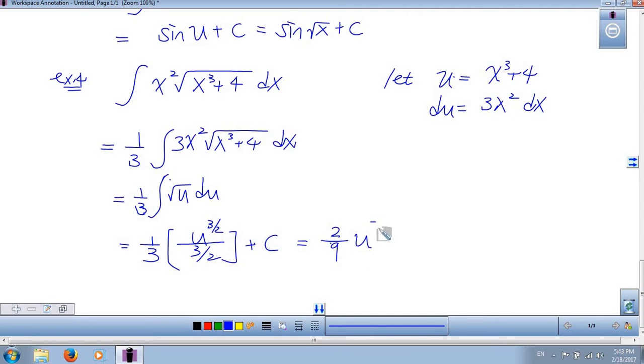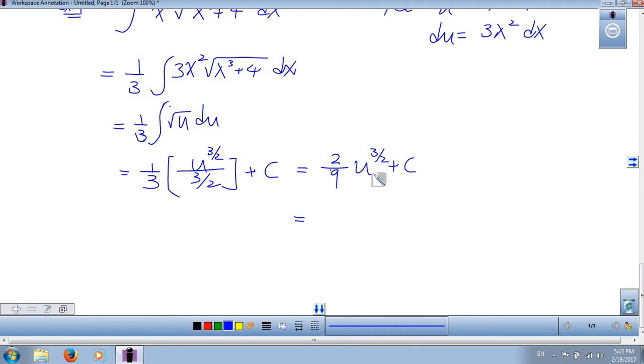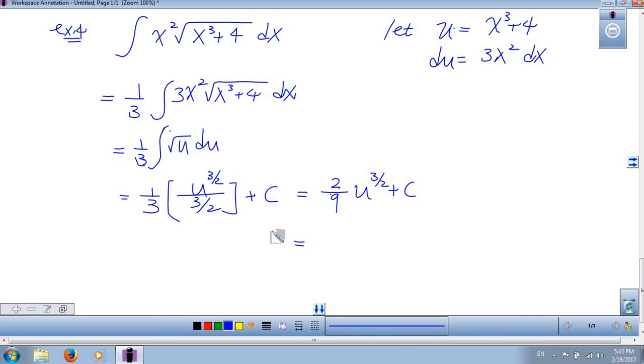So it's 2/9 times u to the 3/2 power plus c. And then we simply replace u with the expression x cubed plus 4. So it will be 2/9 of x cubed plus 4 to the 3/2 power plus c.